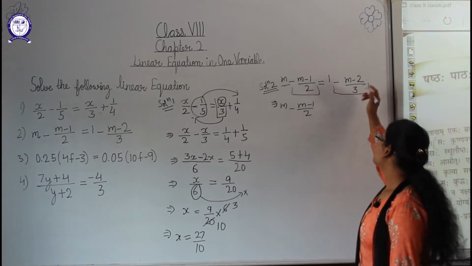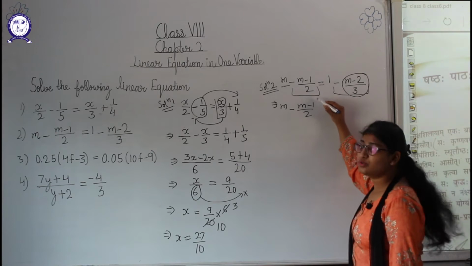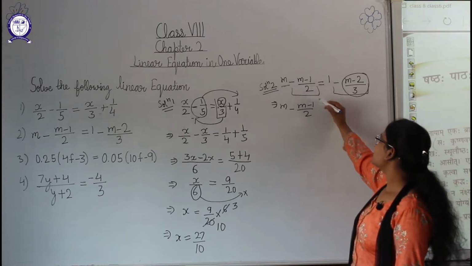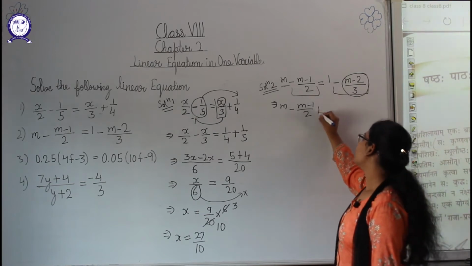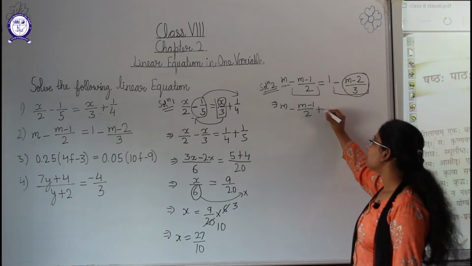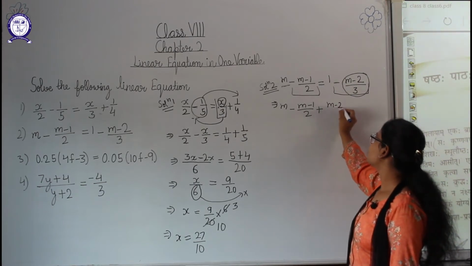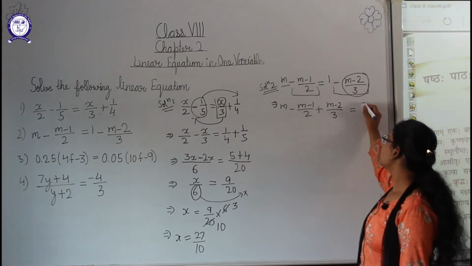Now we will take this term to that side, and as it is negative, it will become positive. So it will be positive m minus 2 by 3 is our term, and then the equals to sign is there and 1 is there.